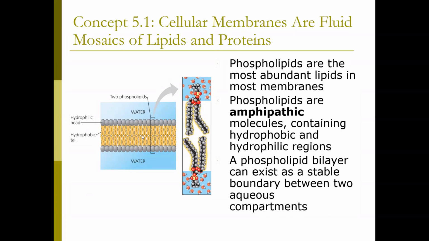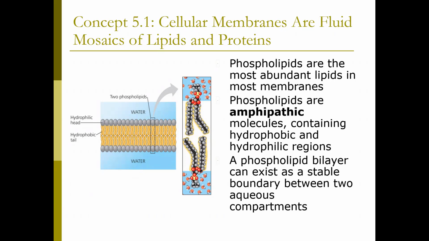So this bilayer has the hydrophilic heads facing away from each other. We have the hydrophilic head facing the outside of the cell, and the hydrophilic head of the other layer facing the inside of the cell. And then the hydrophobic tails are facing each other. So it creates this bilayer formation.